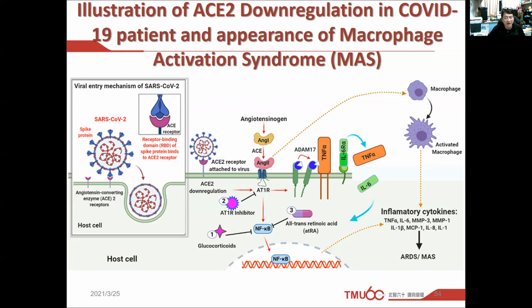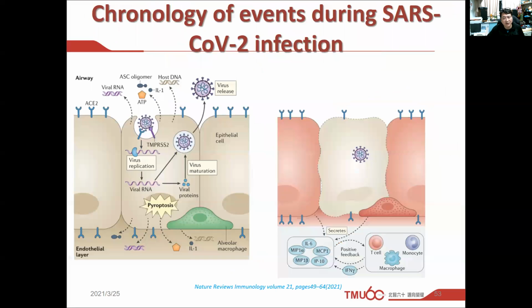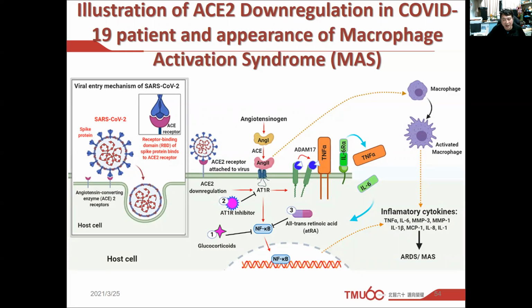On the other hand, angiotensin 2 can also activate macrophages, and activated macrophages, echoing previous slides, will generate cytokines. These cytokines combine to generate a cytokine storm, which leads to the development of ARDS in patients.